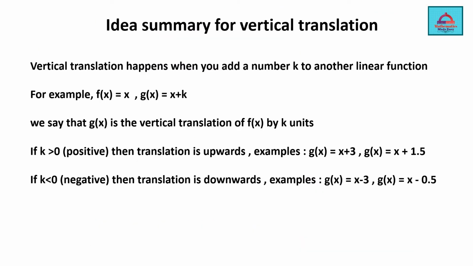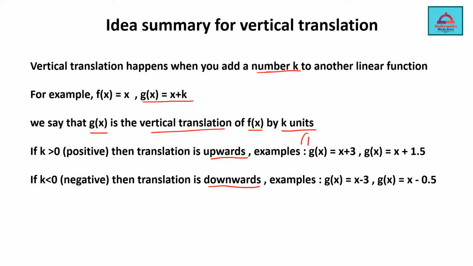A summary of vertical translation would be that vertical translation happens when you add a number k to a linear function. For example, you add x plus k and we say g(x) is the vertical translation of f(x) by k units. If k is positive, translation is in the upward direction. If k is negative, it is in the downward direction.